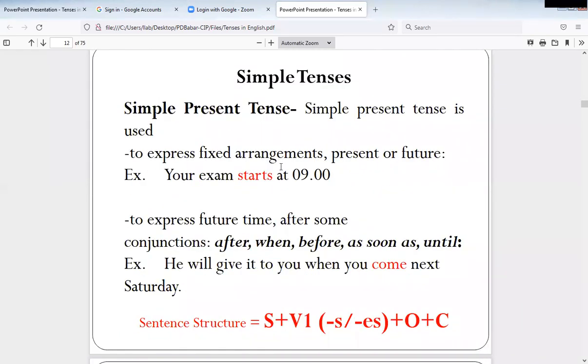Also, we have seen that the simple present tense is used to express fixed arrangements.